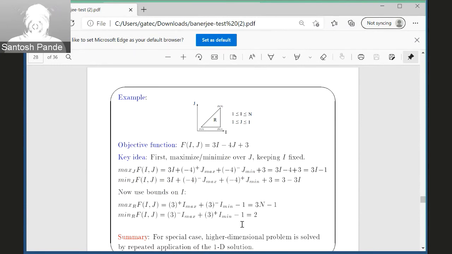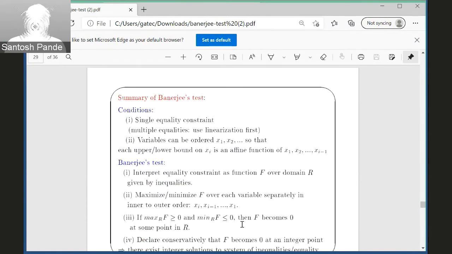Again, I think there's a typo there. Ignore for the moment the minimum calculations, I think there are some problems there. But the maximum calculation is 3n minus 1, and I'll put some clarification on the minimum values here. They don't seem to be right. Anyway, this is how we'll calculate the min and max values in terms of these variables, first by solving for j and then solving for i.